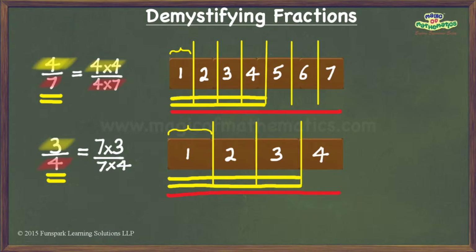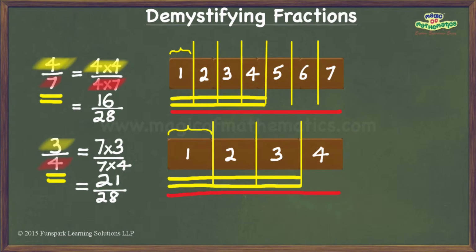The first fraction now represents 4 times 4 pieces, which is equal to 16 pieces of the size obtained by cutting a chocolate into 4 times 7 equal pieces, that is 28 equal size pieces. Similarly, the second fraction represents 21 pieces of the size obtained by cutting a chocolate into 28 equal size pieces.